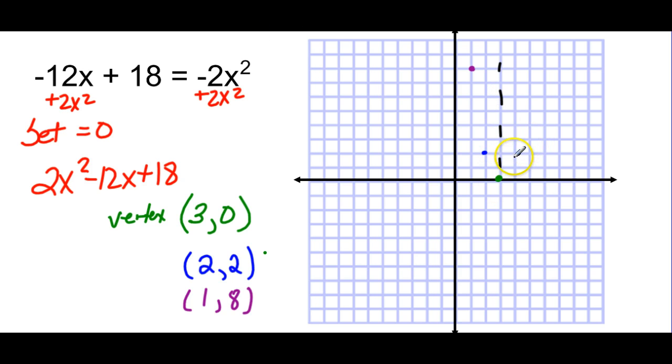So these guys have matching points on the other side, and your parabola is going to look like this. Okay, and just sketch it on up there. And in this case, there's only one 0, and it happens to be the vertex.